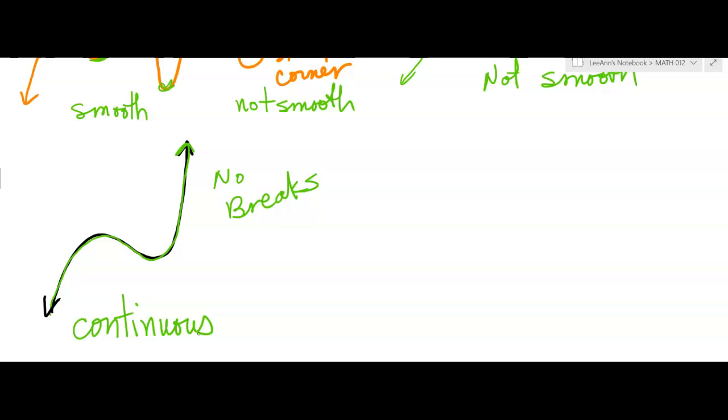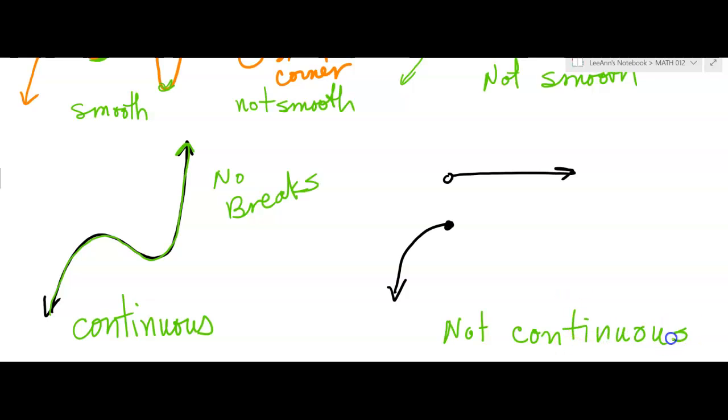But if I had a graph like this, and we've had graphs like this, maybe it comes up here, and then maybe it jumps up here and goes this way. When we were doing our piecewise functions, we had things like that. This is not continuous. You can't trace it without lifting your pencil.